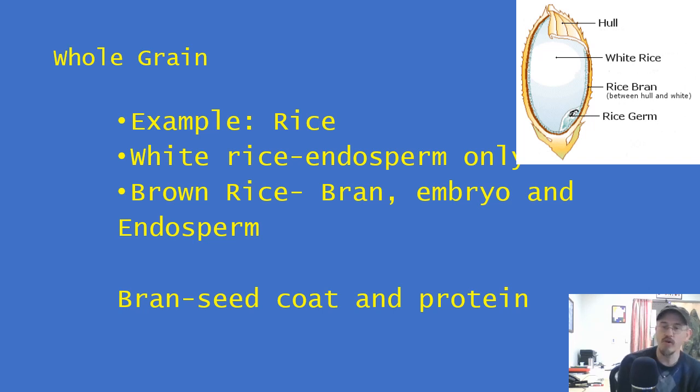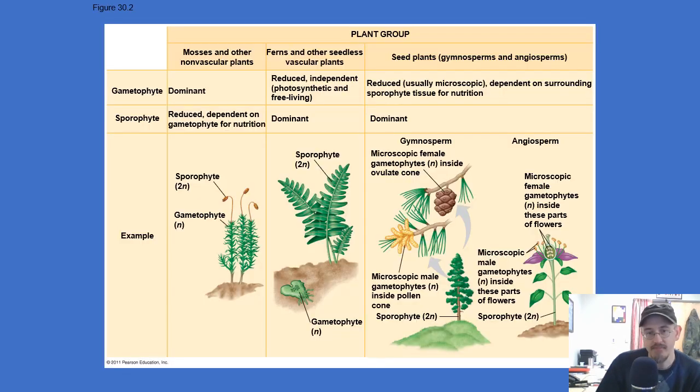So if you're eating a whole grain, you're eating the whole thing. If you're eating just white rice, you're eating just the sugary, starchy endosperm. Same applies to other grains. White bread is made from just the endosperm. Whole wheat bread is made from the whole grain. You're eating the baby, the protective coating, and the food for the embryo in that case.